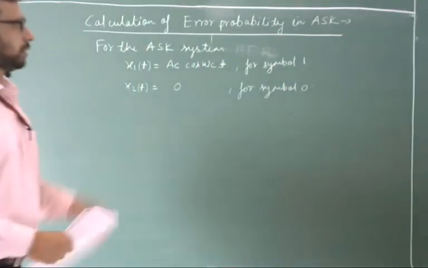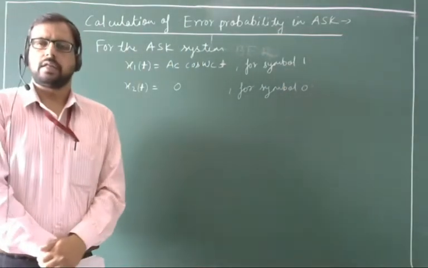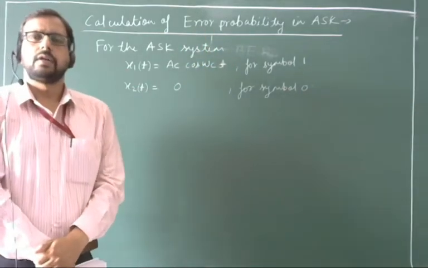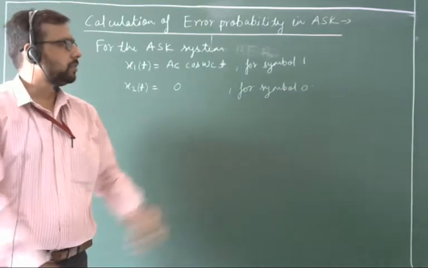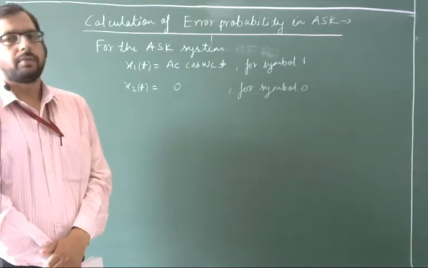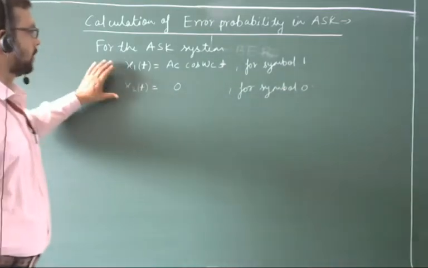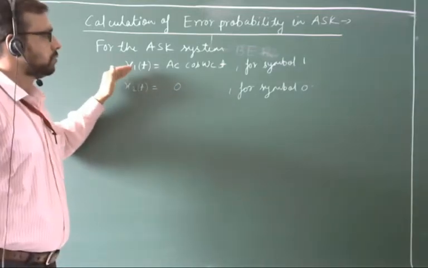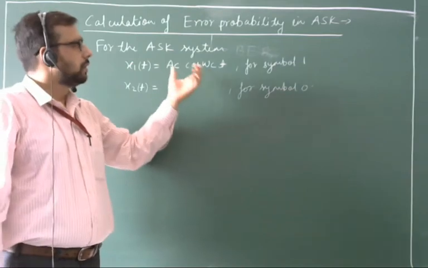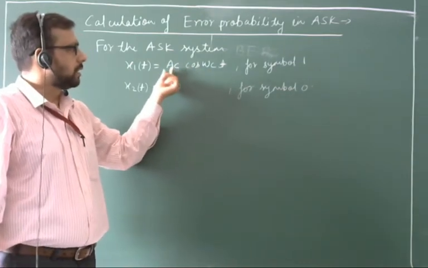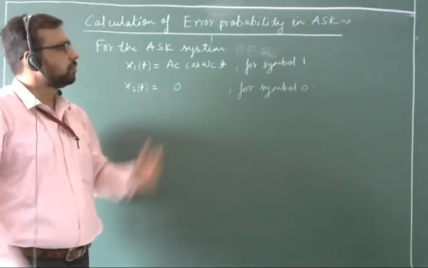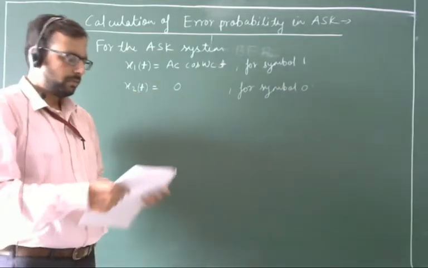As we already know, in the ASK system, for symbol 1 a carrier signal is transmitted, and for 0 no signal is transmitted. Here we are taking two signals: x1(t) represents symbol 1 and is Ac cos omega c t, and x2(t) is equal to 0 for symbol 0.